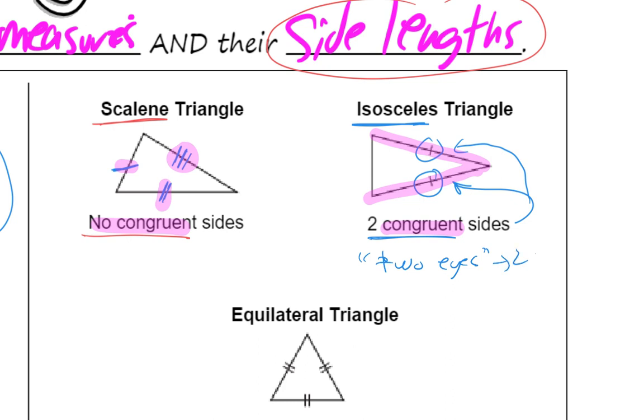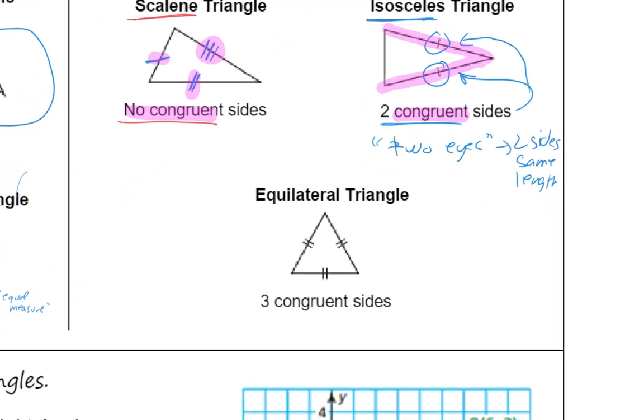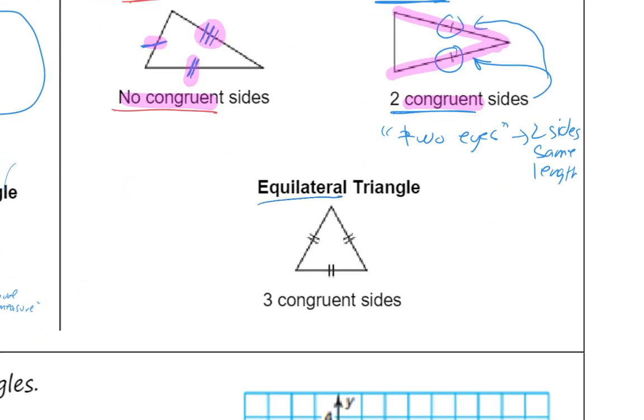So two sides are the same. Okay, so isosceles means two sides are the same length. Scalene means no sides are the same. And then equilateral, we might think from that lateral, that means equal.